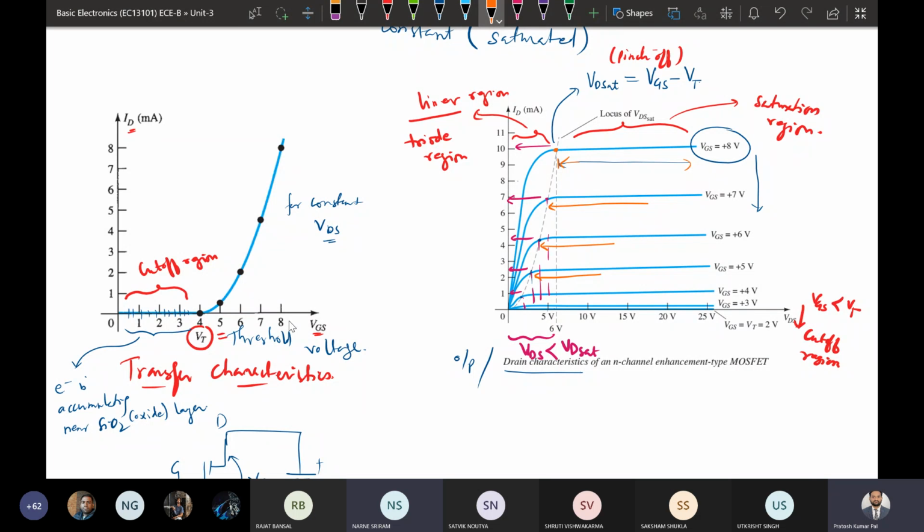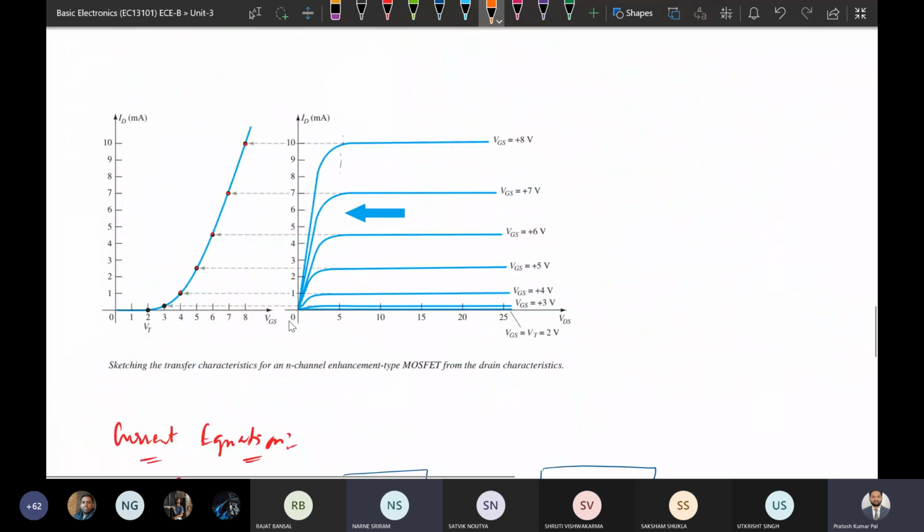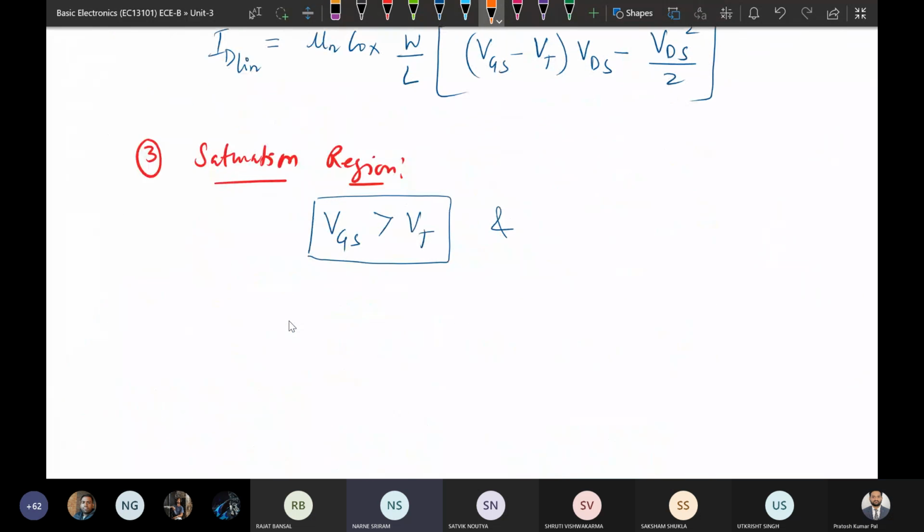As we increase the VDS voltage greater than VDsat, the saturation starts. So saturation starts with the condition that VDS should be greater than VDsat, or VDS greater than VGS minus VT.